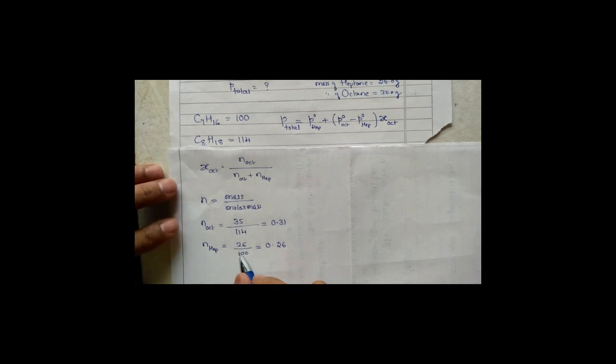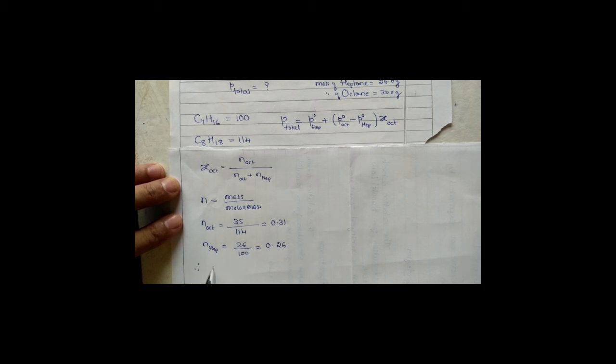Mass divided by molar mass gives about 0.31. Similarly, the number of moles of heptane equals the mass of heptane, 26, divided by the molar mass 100, that is 0.26. Once you know the number of moles, you can go for the mole fraction.